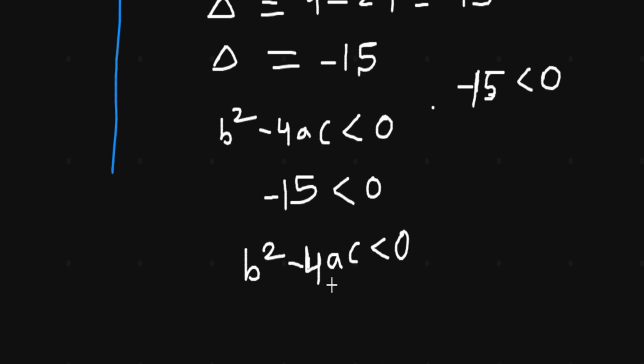If b square minus 4ac is less than 0, if it is in minus, this is a complex root. So we call this a complex root here. So this is rejected.